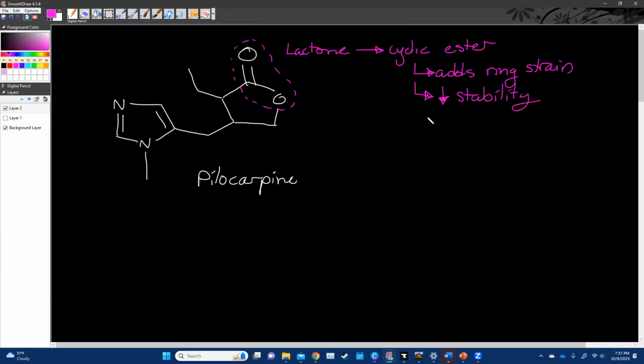So having the lactone as part of pilocarpine actually will increase metabolism because water is going to be more likely to attack that lactone and cause an issue.